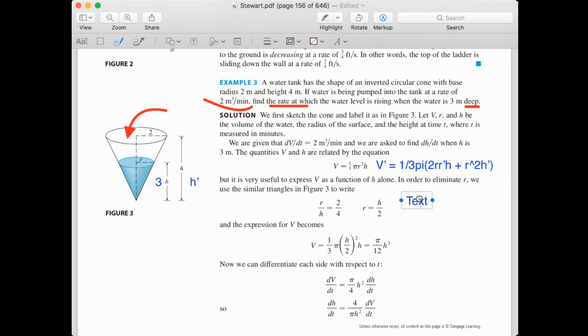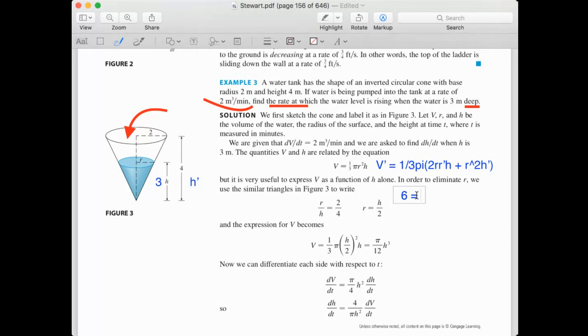Let's put in the ones we know. V prime is given as 2. Because of the 1/3 on the other side, I'm going to multiply by 3 on both sides, so I don't have to write 1/3 anymore. I get 3v prime equals pi times this term. V prime is 2, and 2 times 3 is 6.